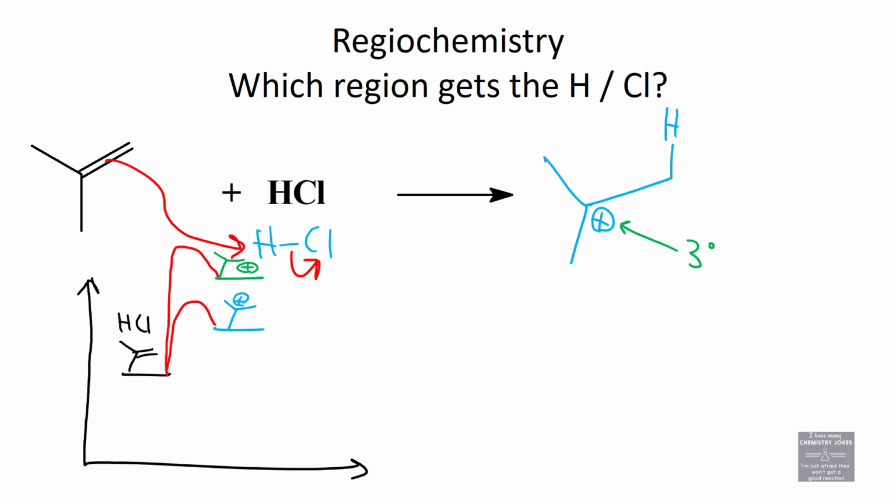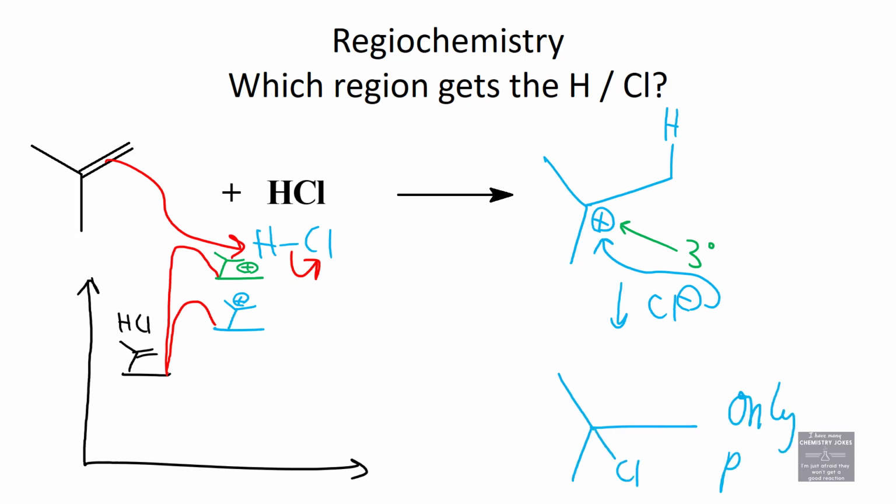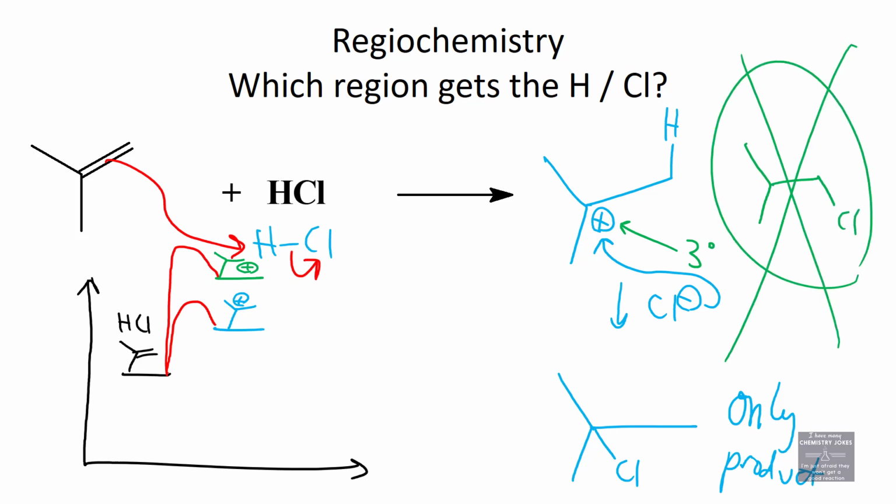The blue carbocation is the one that forms, so chloride attacks that carbocation, and you get this as your only product. You do not get any of this as a product, where chlorine is on that primary carbon. You don't make any of that.